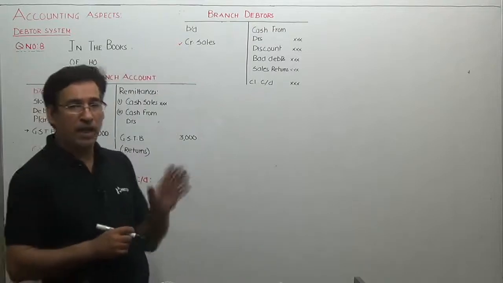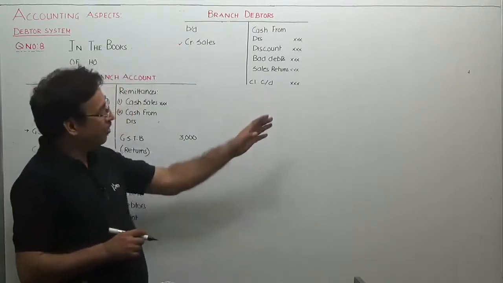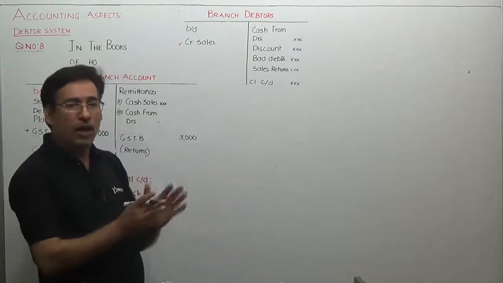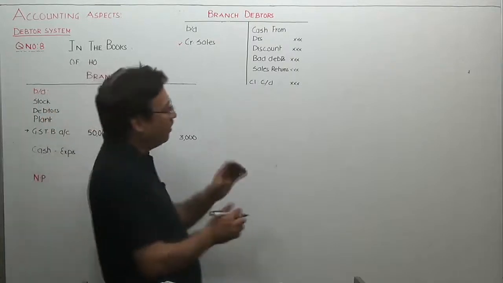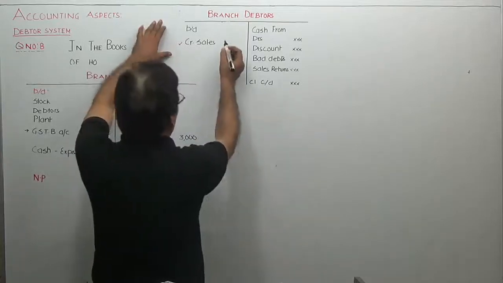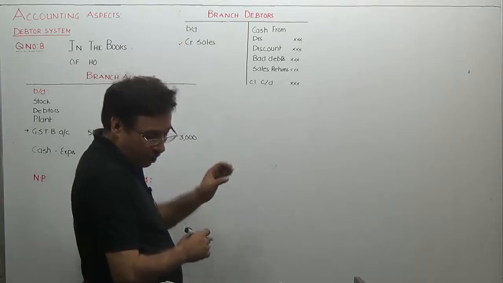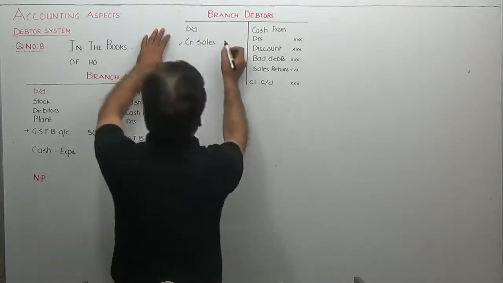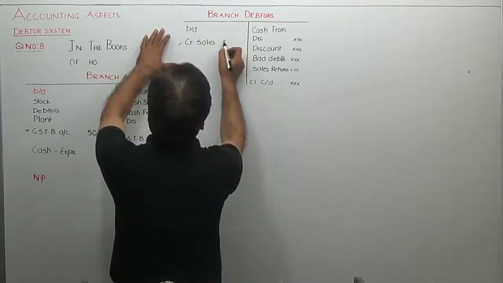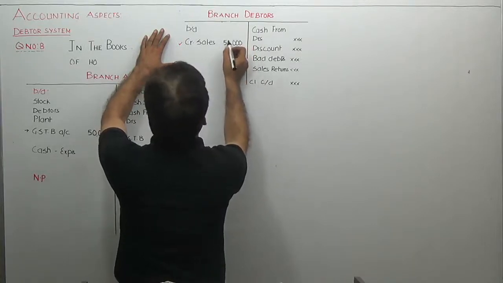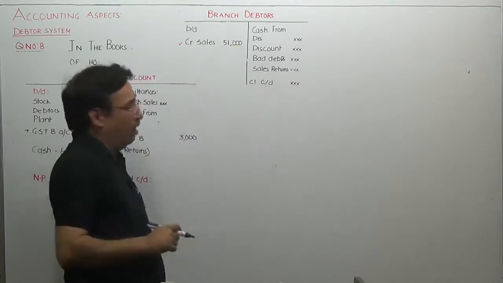You have to exercise caution that this transaction takes place between the branch account and the branch debtors account, so this transaction will appear only in the branch account. Branch credit sales are worth rupees 51,000. You are going to write 51,000 over here.